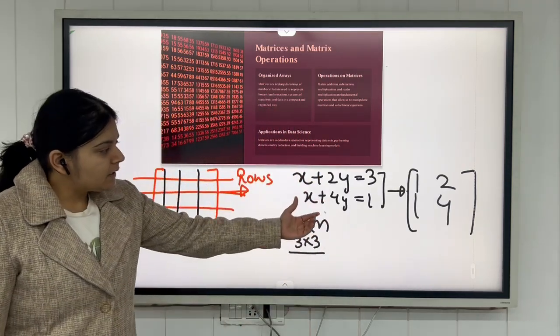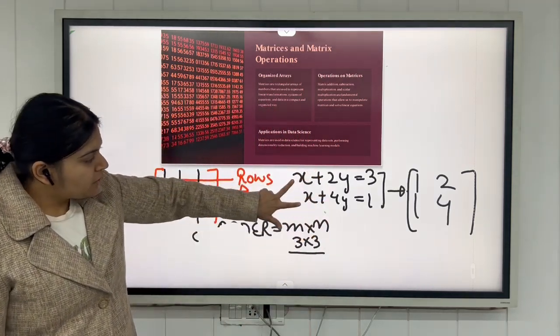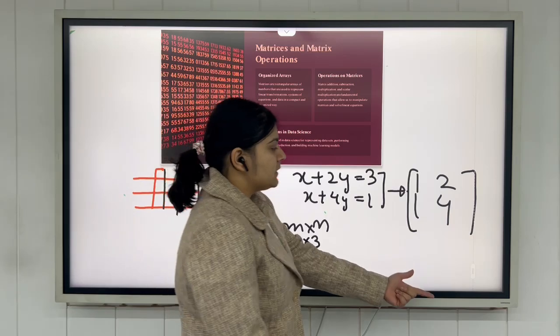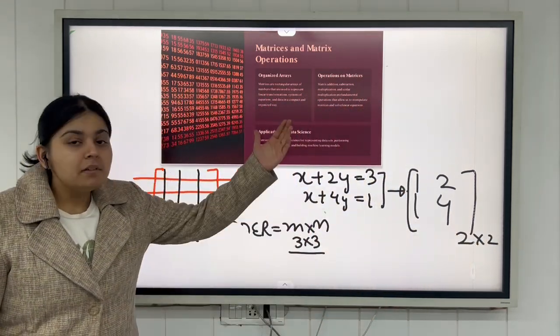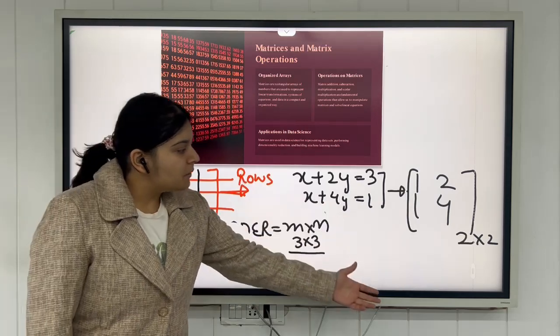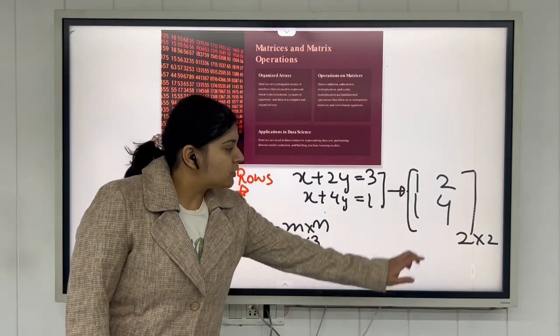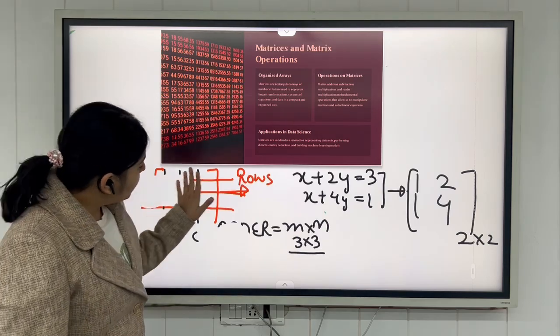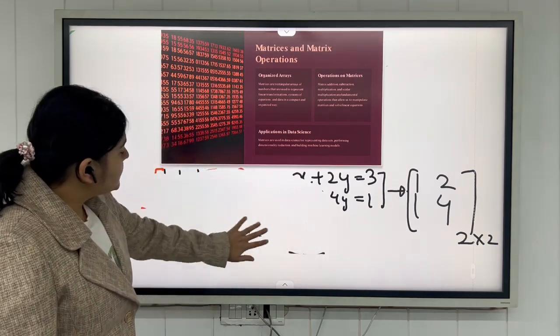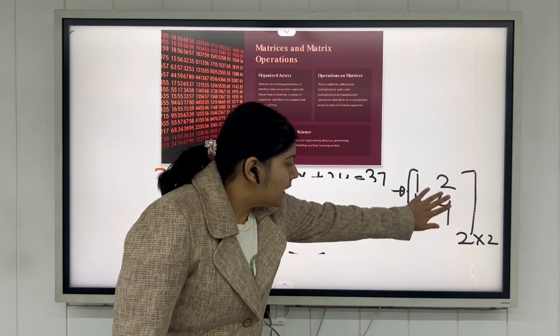So this linear system of 2 equations in 2 variables can be represented as a 2 cross 2 matrix. But if I have a large number of equations, how can you compute? You can take help from the linear algebra topic, that is the matrix representation, right? This was all the basic concept that we have discussed right now.